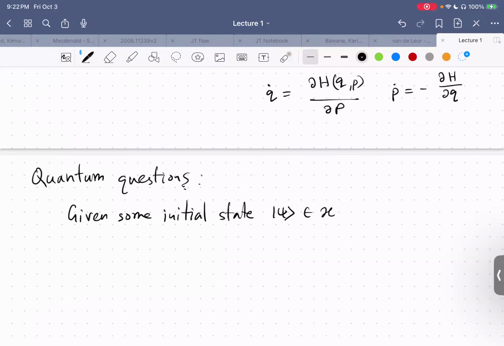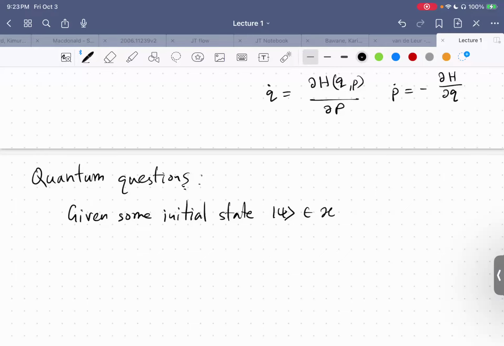I'm sure you already know that in quantum mechanics, we cannot answer definitive questions about the state of our system or of our particles. We cannot say that this particle is definitely in the state unless it's immediately after a measurement or something. But we can ask about probabilities or probability amplitudes.